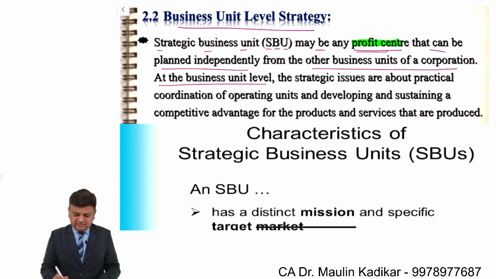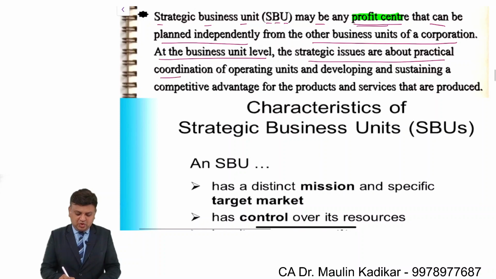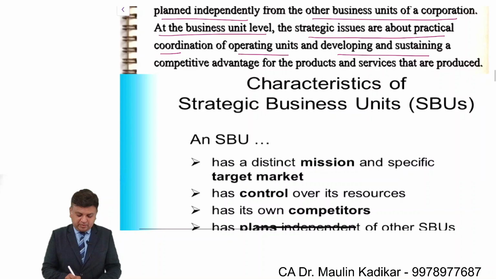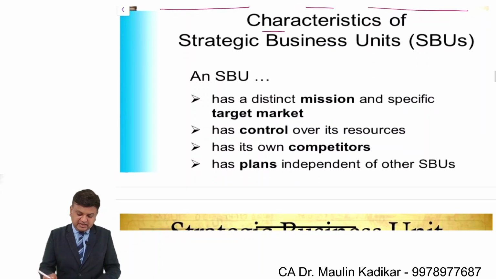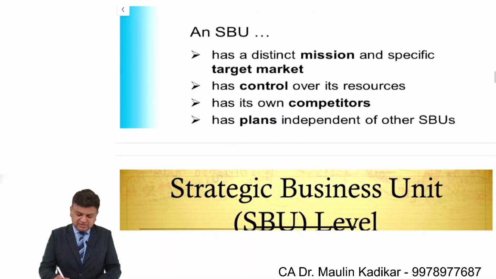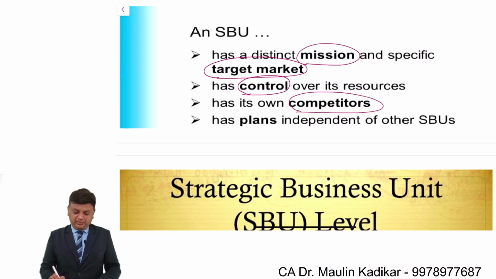At the business unit level, the strategic issues are about practical coordination of operating units and developing and sustaining competitive advantage for the products and services that are produced. Characteristics: it has a distinct mission and specific target market, control over the resources, has its own competitors, has plans independent of other strategic business units.